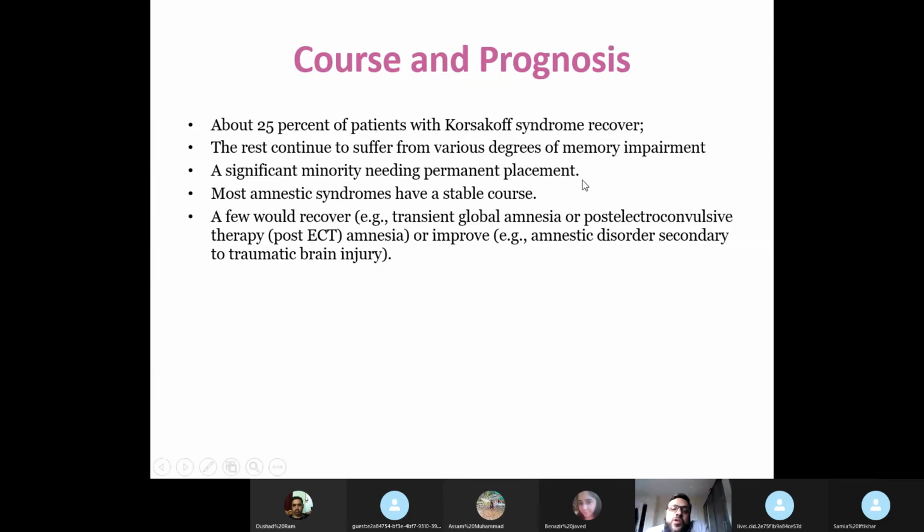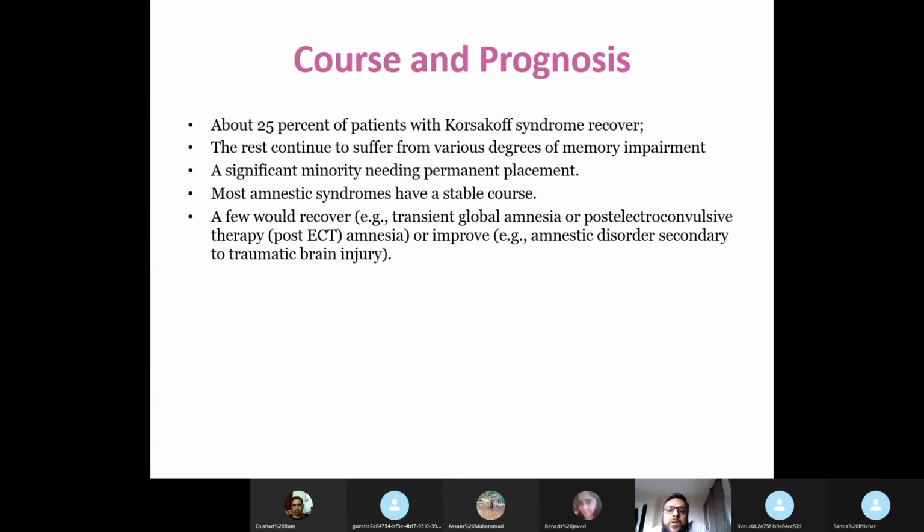That proves a significant minority needing permanent placement, so ICD-10 is right that it may cause some degree of impairment in day-to-day functioning due to memory impairment. That's why it is called a disorder. If the memory impairment is severe, it will impair their day-to-day functioning, and if it is very subtle, then it may not.